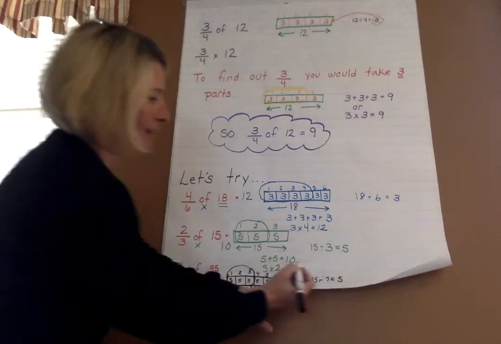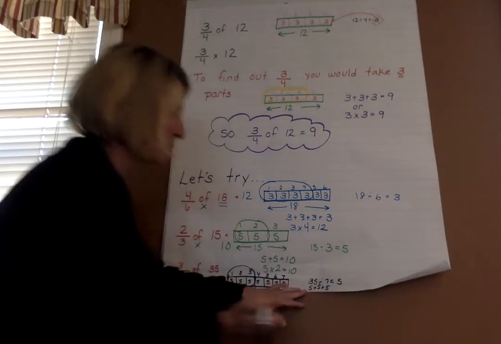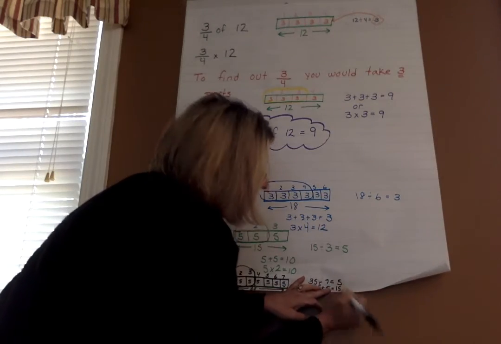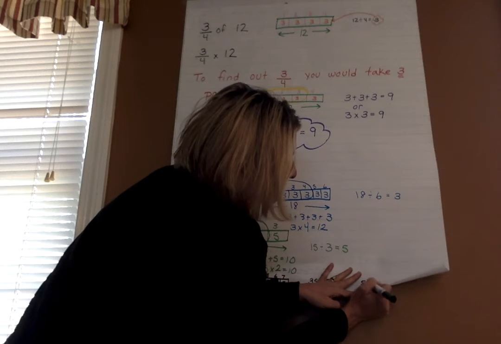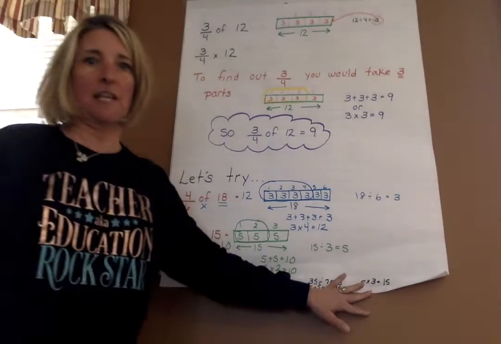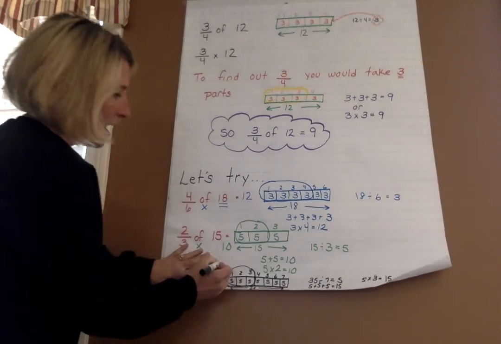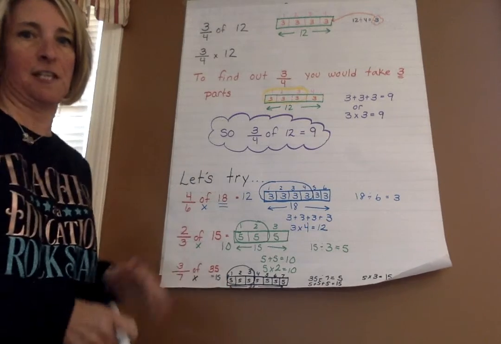So to find that, I could add 5 plus 5 plus 5. Those are my 3 sections. That's going to give me 15. Or I could say 5 times 3 equals 15. Either way, it doesn't matter. So 3/7 of 35 equals 15.